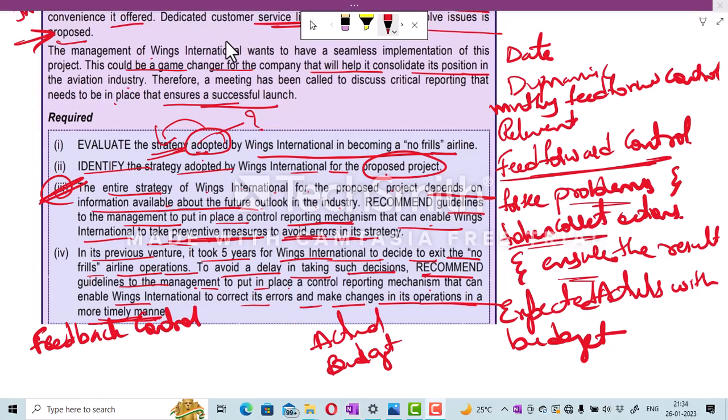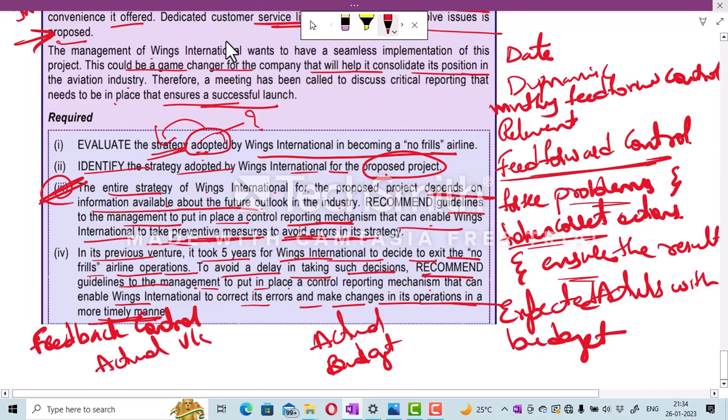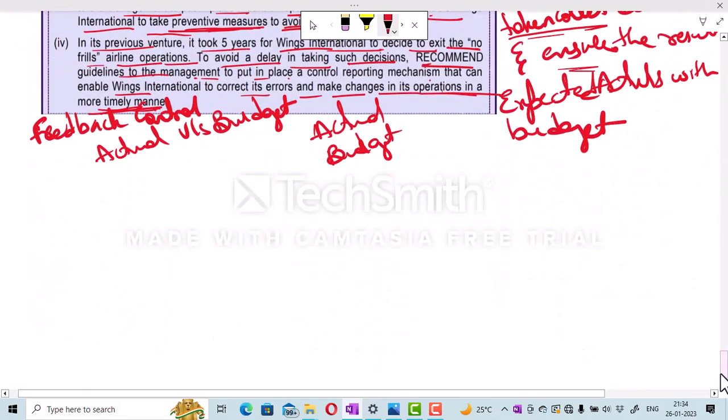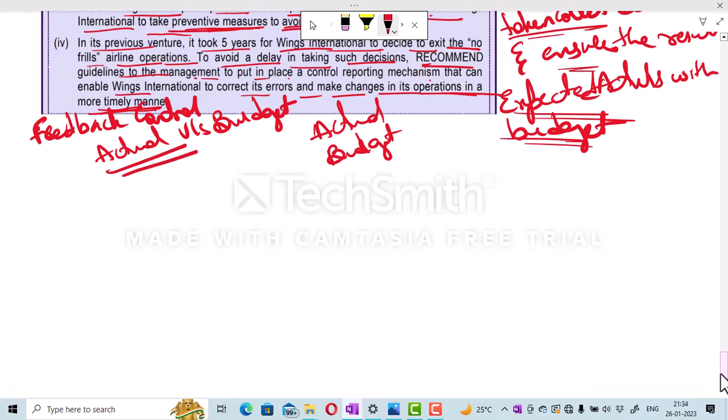In feedback control, we will compare actuals with budgets. In feed forward, we compared the expected actuals with budgets. But in feedback control, it is already done, so we have actuals. We will compare the actuals with budgets. So how can we control now using this feedback control?